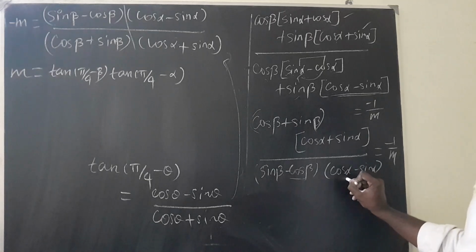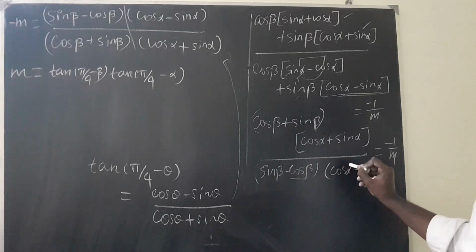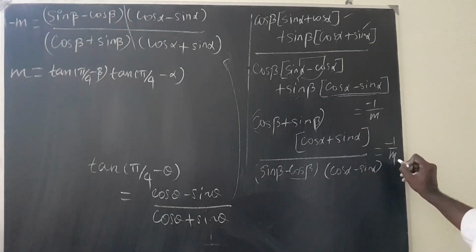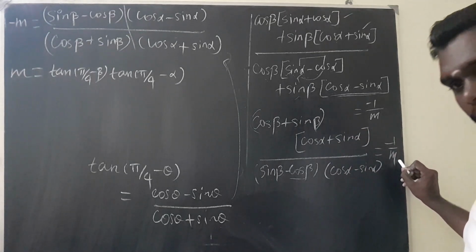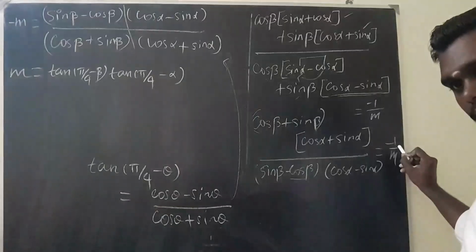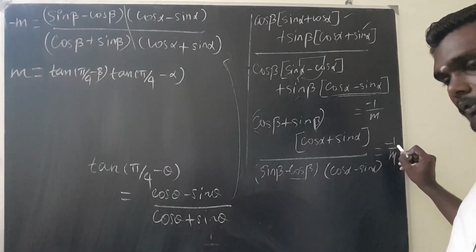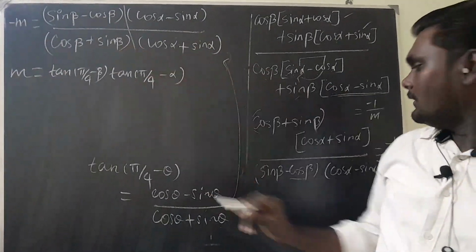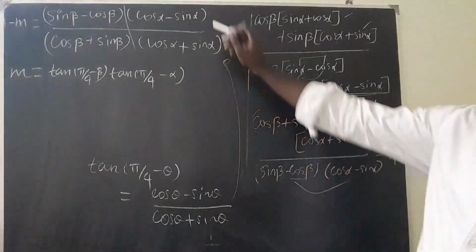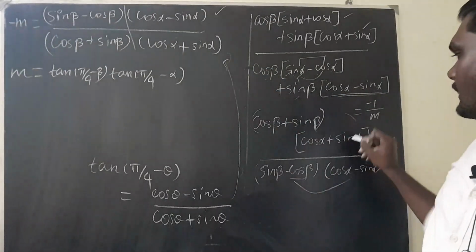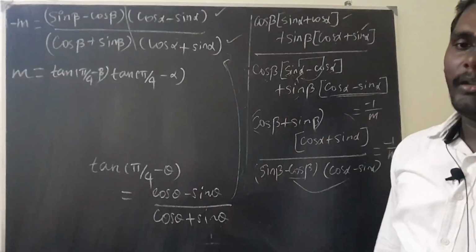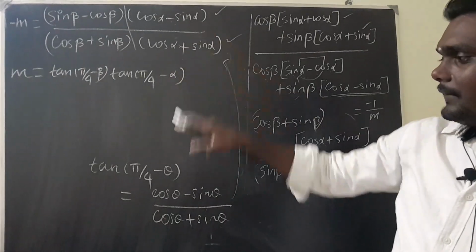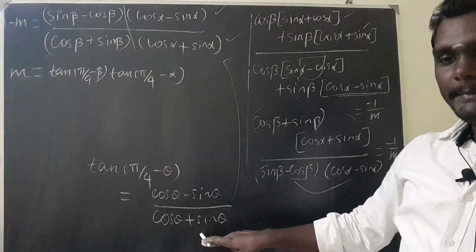Any doubts in this? Now from this I just rearranged, I took reciprocal. Here we have minus 1 by m. Okay, can you see here? So here we have minus 1 by m. Now reciprocal is minus m. So this denominator will become the numerator and this numerator will become the denominator. Okay. Now combine this. This resembles the formula tan pi by 4 minus theta.